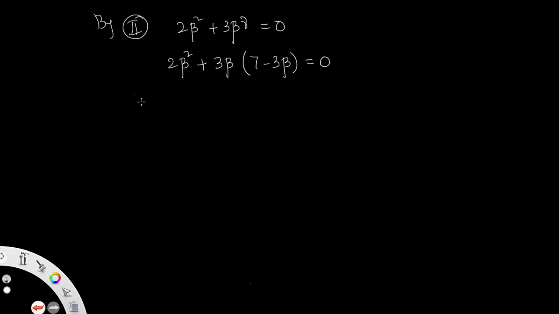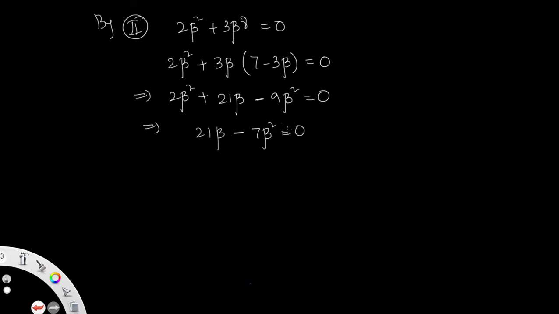So that is 2 beta square plus 7 into beta, 21 beta, minus 9 beta square equal to 0. So 2 minus 9 is minus 7 beta square, plus 21 beta equal to 0.